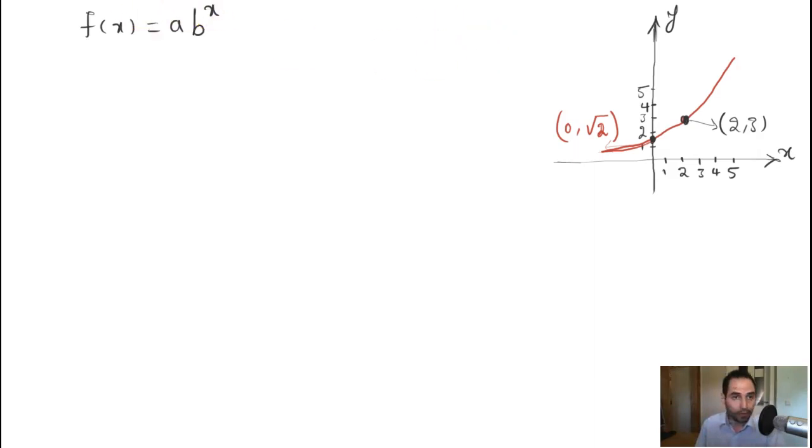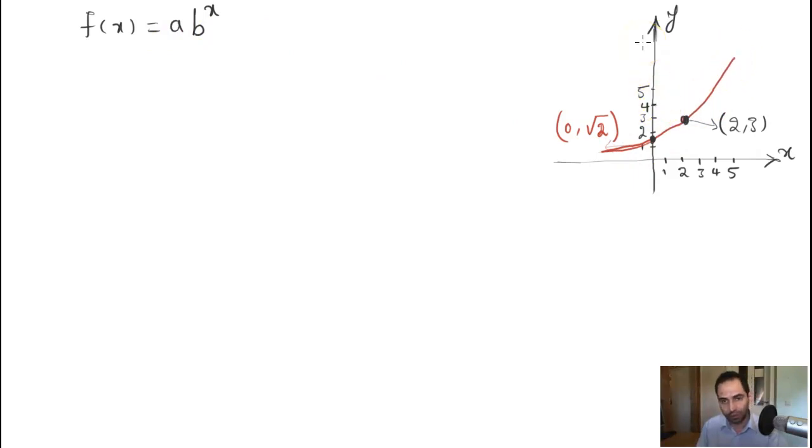So I know that this is the general form of an exponential function, and I'm assuming that this is the graph of an exponential function. Therefore I can use this general form to write an equation for this graph.